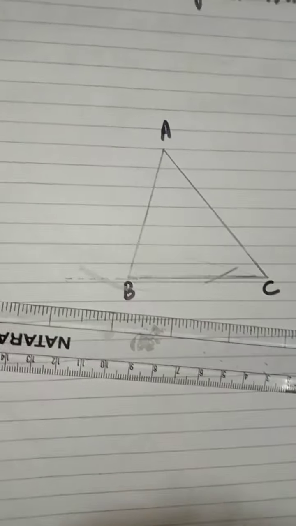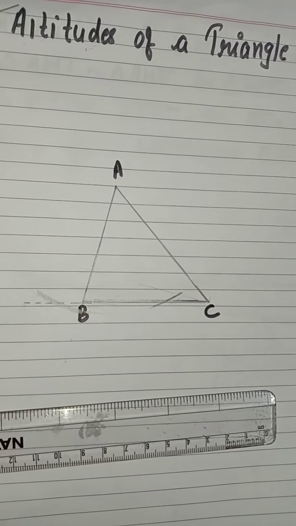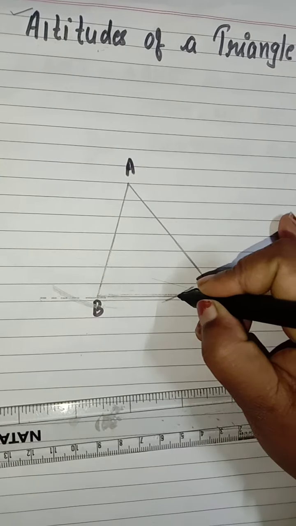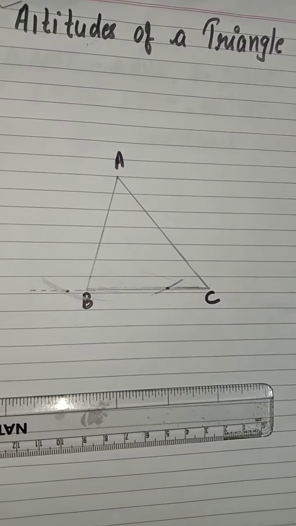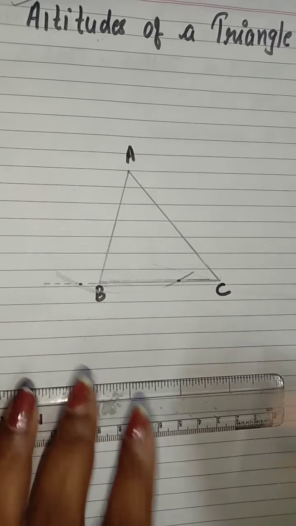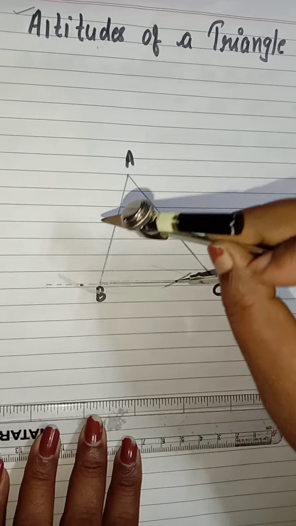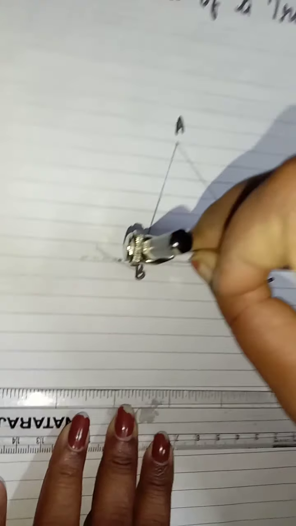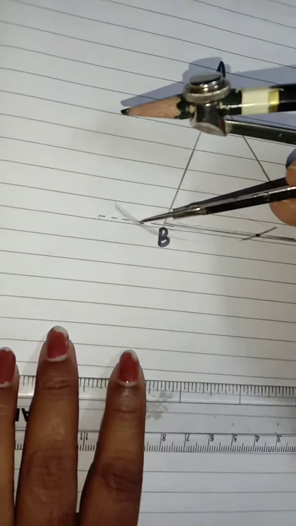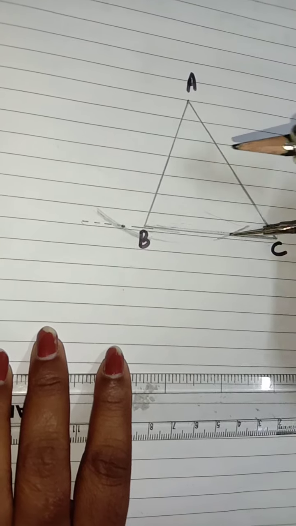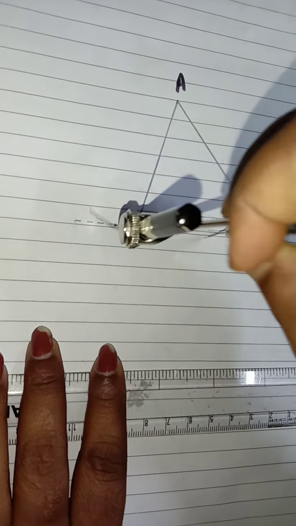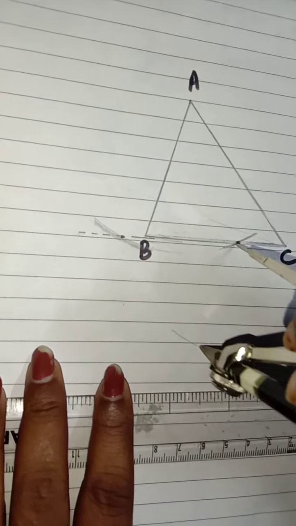Now I will put the still point of the compass on this first point, and I will take a distance more than half of this segment, from this point to this point, and draw an arc down.